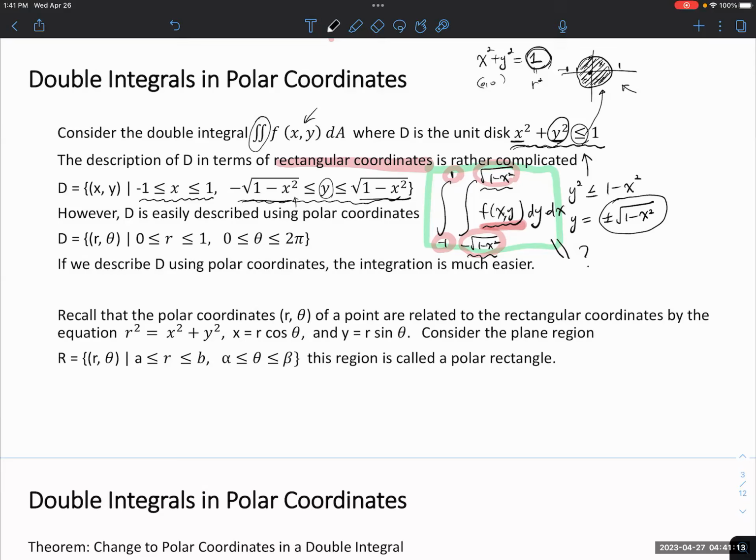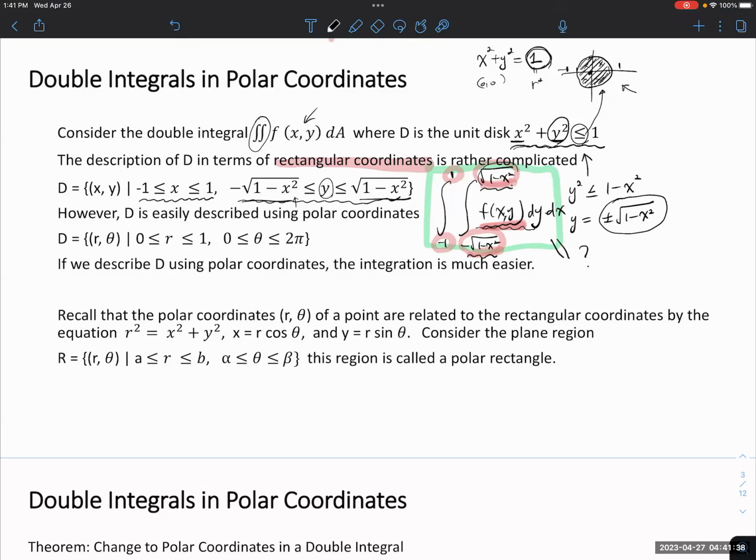We found some limitation, guys: this is too complicated. You're going to take the derivative, take the integral, and then plug in this one. Honestly, this is too complicated, with a radical and second power.